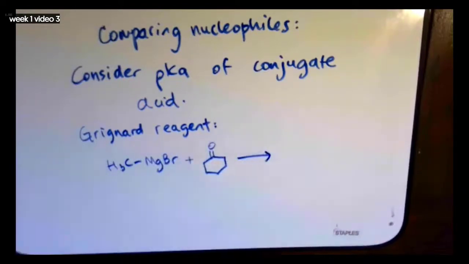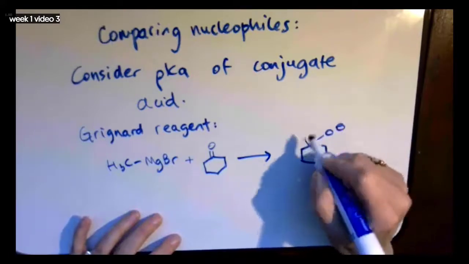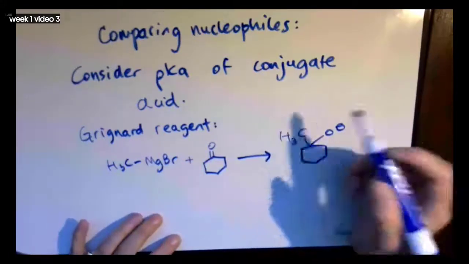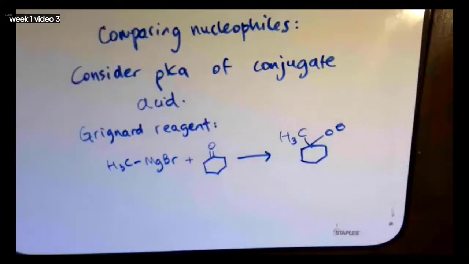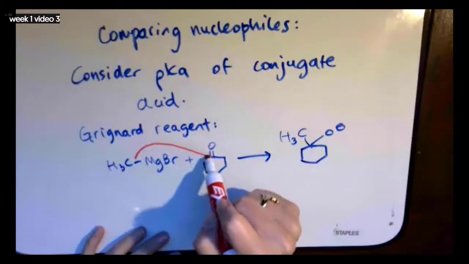Typically, when you take a Grignard reagent, you treat it with a ketone or an aldehyde, some carbonyl of interest. And what happens is that Grignard reagent adds to the carbonyl. Right. So we can draw arrows for this reaction. We're going to use the nucleophilic electrons in that carbon-magnesium bond.